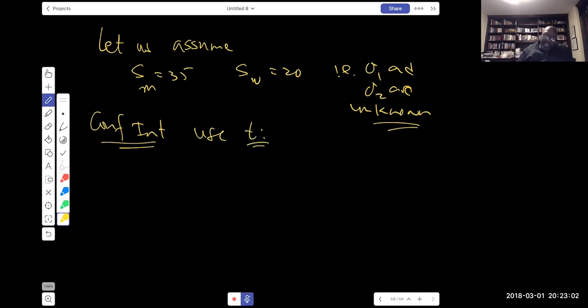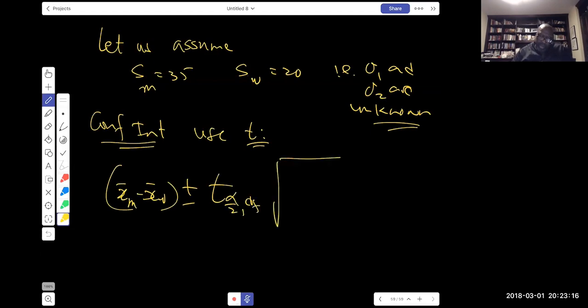Because sigma 1 and sigma 2 are not known, so we would use x bar m minus x bar w plus or minus T alpha over 2 degrees of freedom, times the square root of Sm squared over Nm plus Sw squared over Nw. That's what we would use.